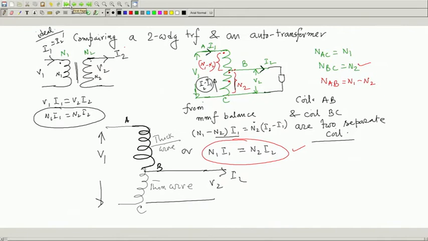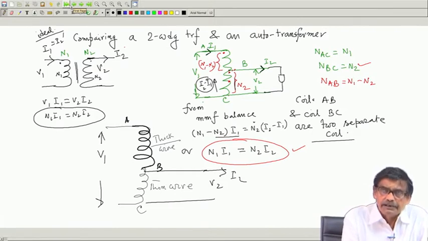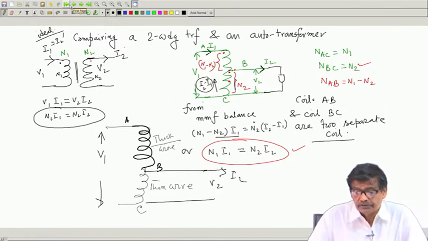Remember in our last class, with the help of an auto transformer, it looks like I can change the voltage from one level to some desired level of voltage, as we have done with the help of a two winding transformer, and I could transmit a certain amount of kVA. Therefore, I now have two options.